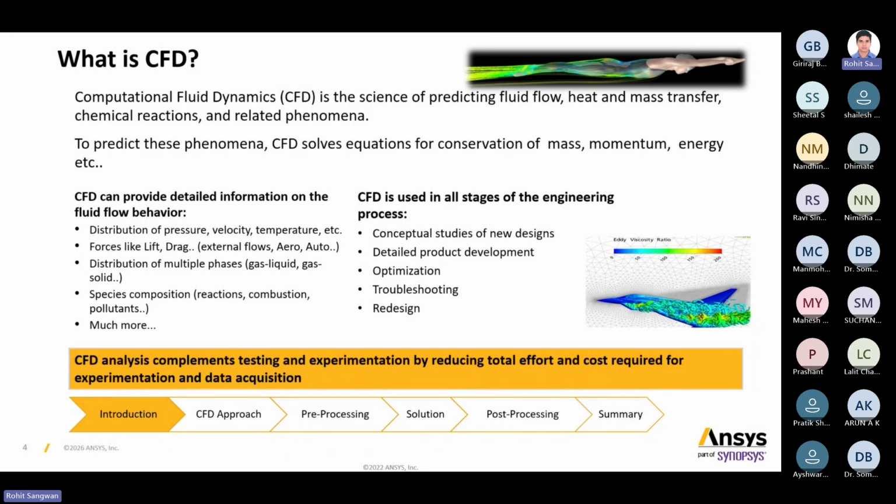CFD provides the complete flow behavior, the distribution of pressure, velocity and temperature. For external flow, we can simulate lift and drag. The battery is not only placed inside a car. If we have drones or other things, we should know how much size I should keep for my batteries. There, the battery weight will have an effect on lift and drag.